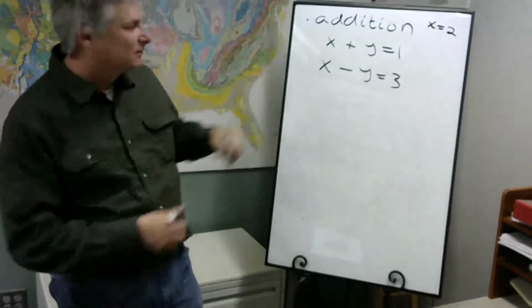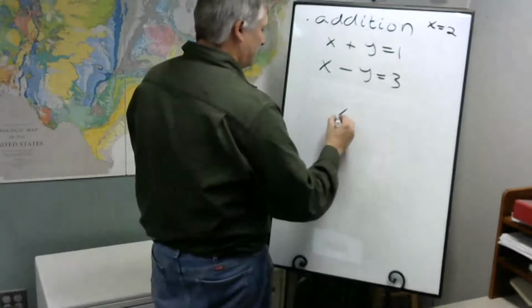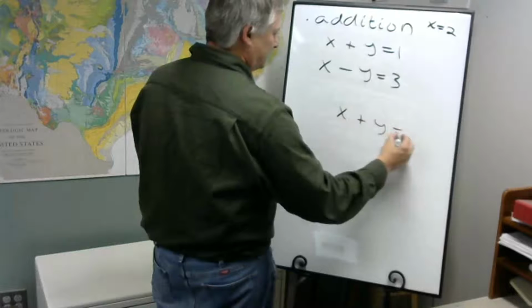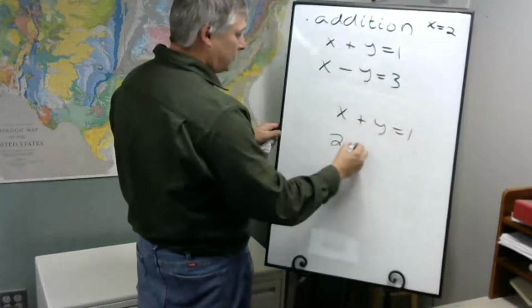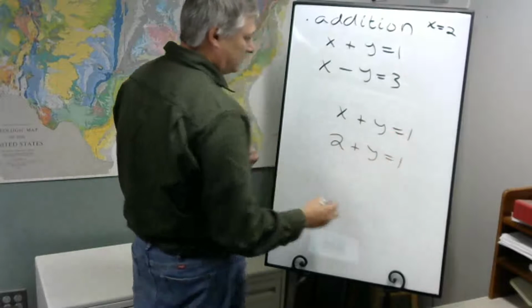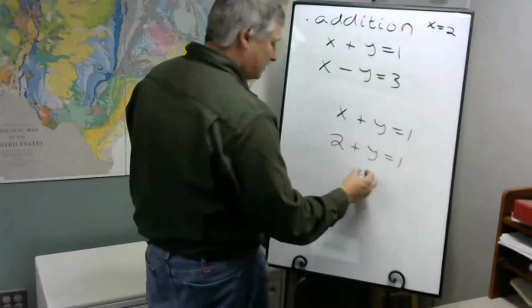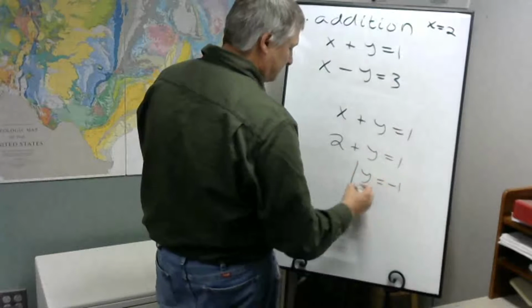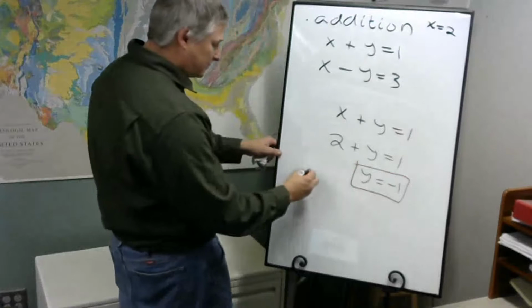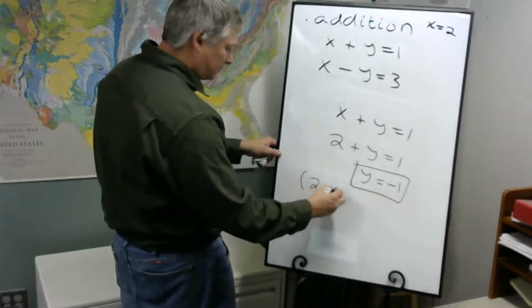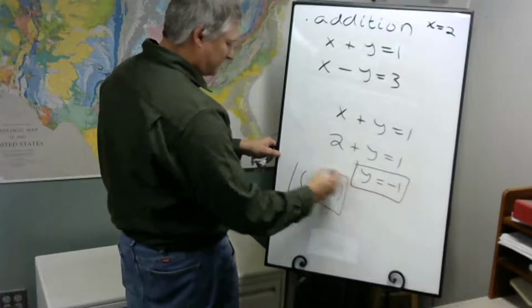I'm just going to go with this one. So x plus y was equal to 1. Now this is 2 plus y equals 1. Subtract 2 from both sides. We get y is negative 1. So the answer for this solution is 2, negative 1.